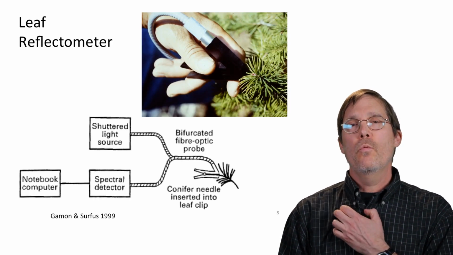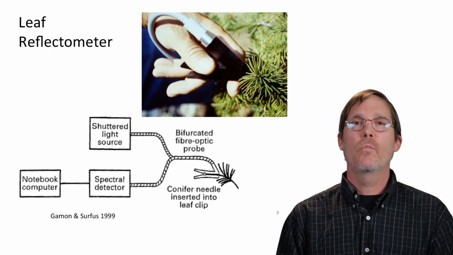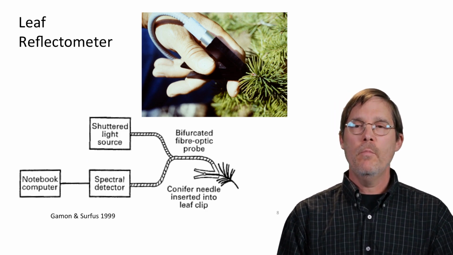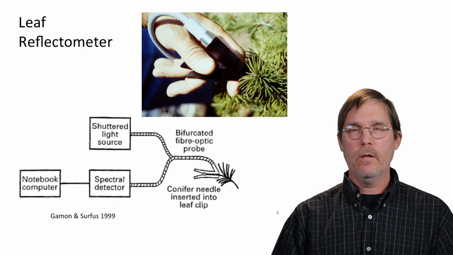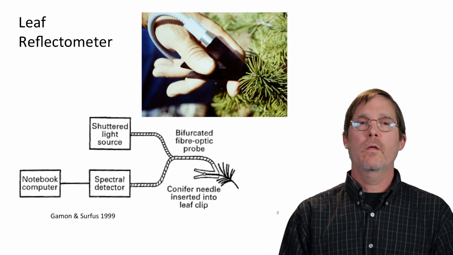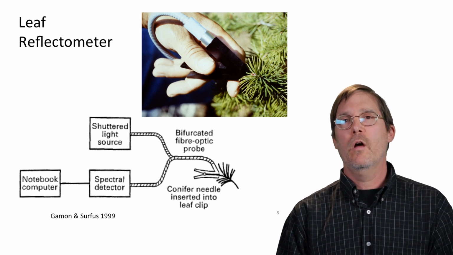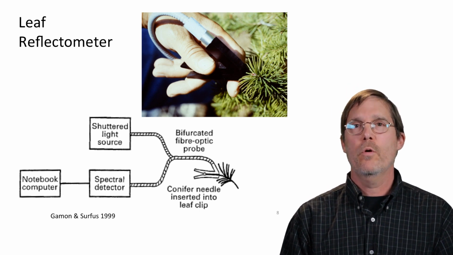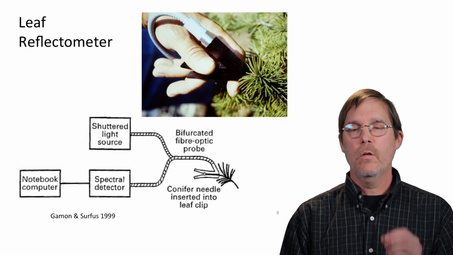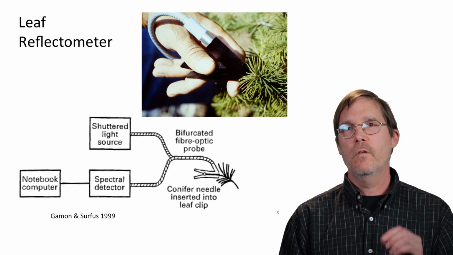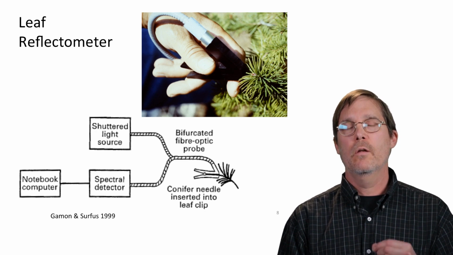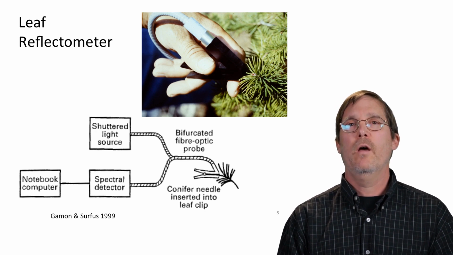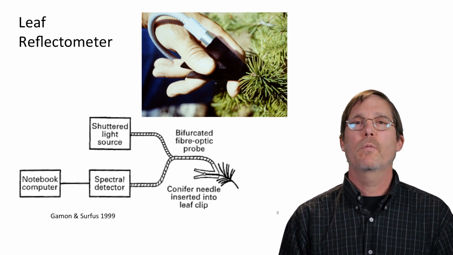So we've also done experiments with other methods. The problem of the sun moving through the sky and having to deal with the complexities of canopy structure is sometimes an impediment to doing physiological studies. So to pursue this question further, you can take reflectance off of a single leaf, and one way to do that is using a light source, a leaf clip, and a spectrometer attached to a bifurcated fiber optic probe.